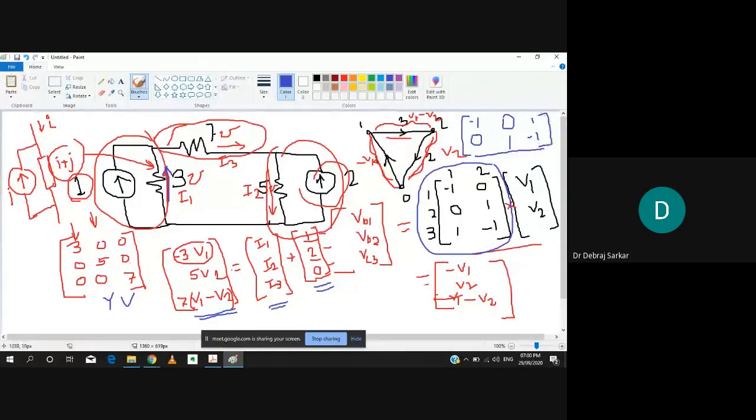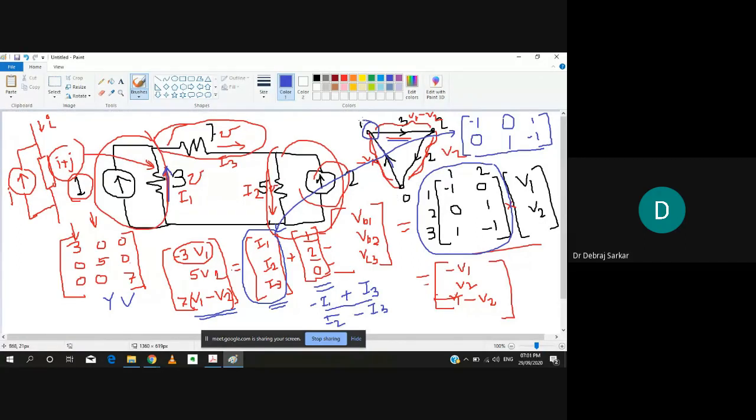A transpose matrix into this I matrix? What will you get if I multiply this and this? Minus I1 plus I3, and minus I2 minus I3, and I1 plus I3, and I2 minus I3. You see, for these, I1 and I3 sum to 0.